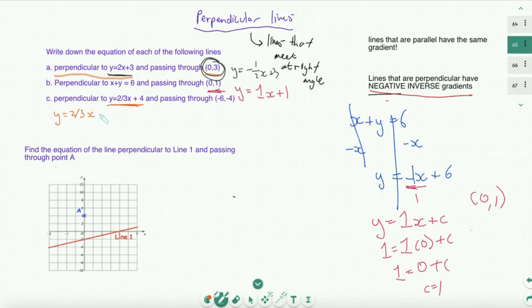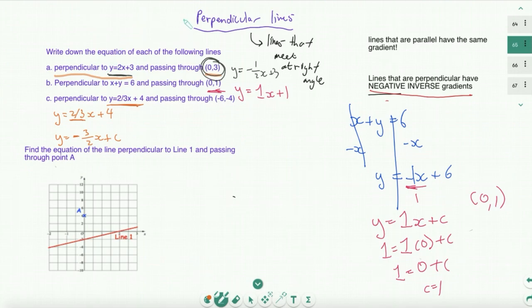So I know, since the lines are perpendicular, the gradients must be negative inverse. So if the gradient for our first line is 2/3, if this is positive, it will become negative first of all, because it's negative inverse. And then 2 over 3, the opposite of that is just 3 over 2, x plus c. So I just swap the fraction.